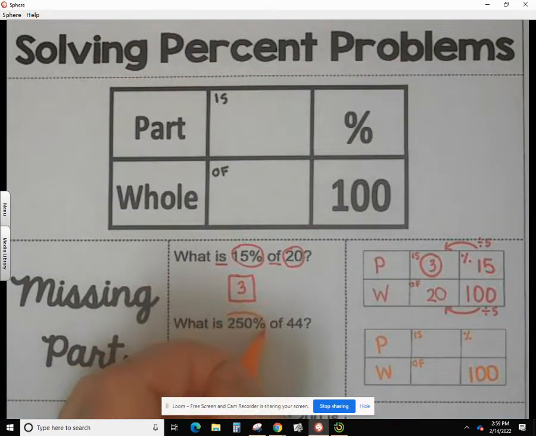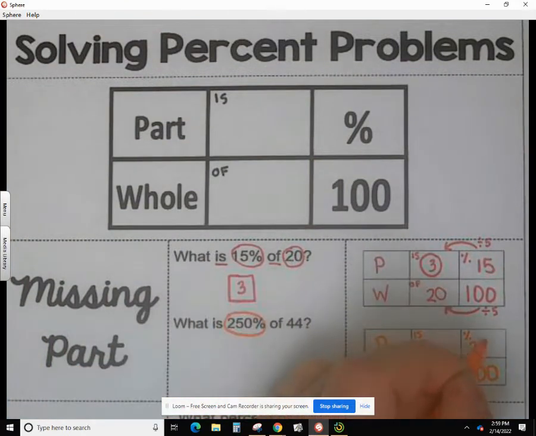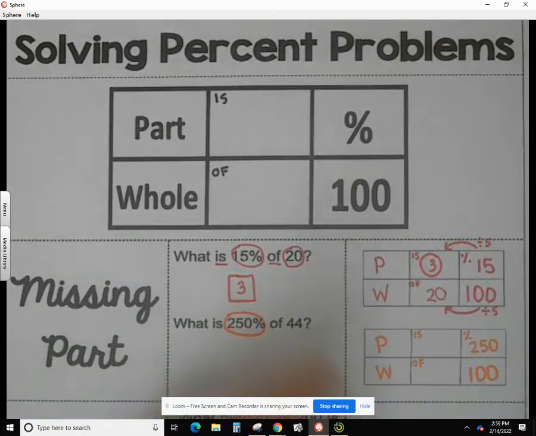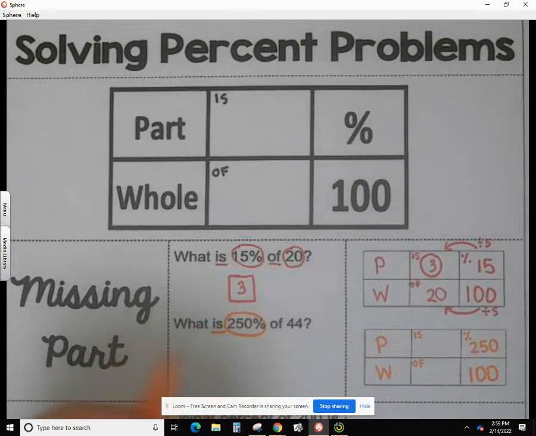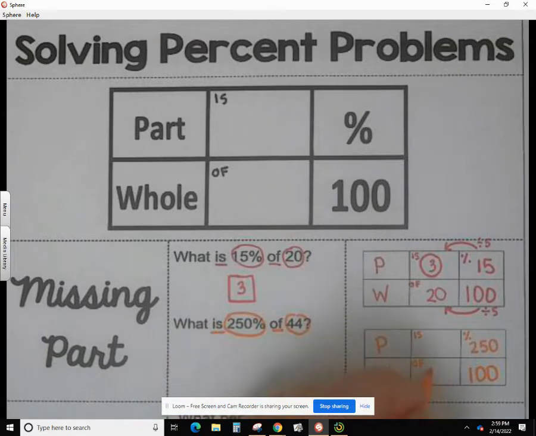Again, they gave us the percent, 250. And yes, a percent can be more than 100. They did not give us the is number because it says what is. And then it says of 44, so that's our of number. I said we were doing missing percent, but this clearly says missing part. So we're missing the part on these.